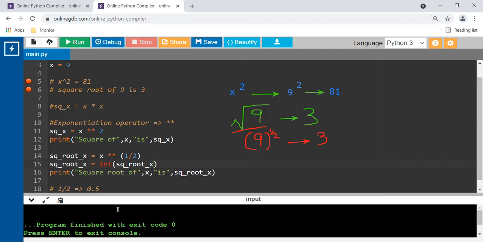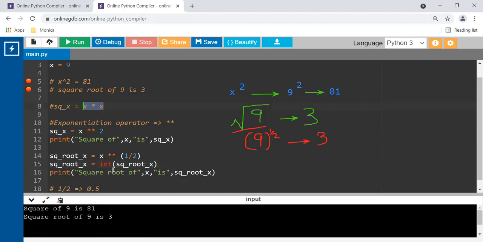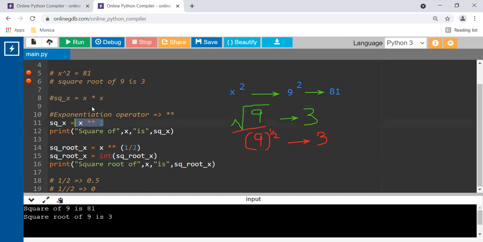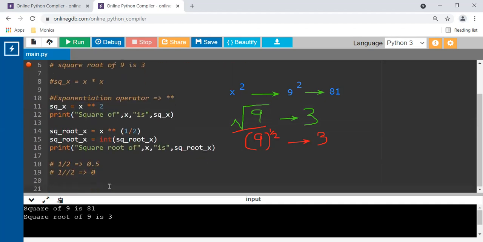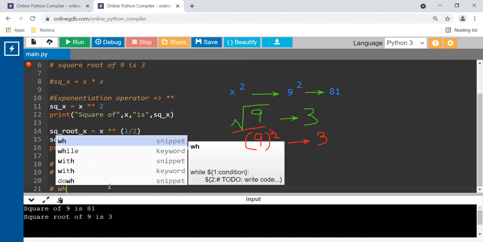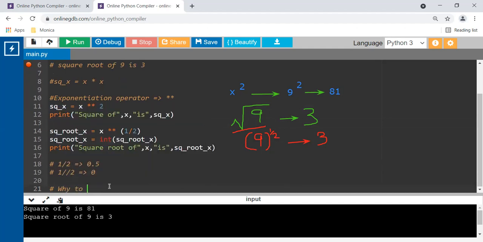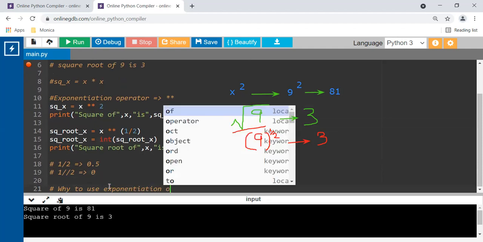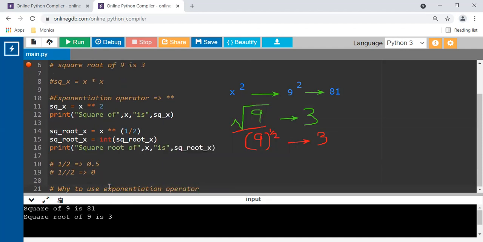Now, you might be thinking, what is the difference in using a multiplication operator and an exponentiation operator for finding squares? So there might be a question arising in your mind that why to use the exponentiation operator? Why is it given more preference?